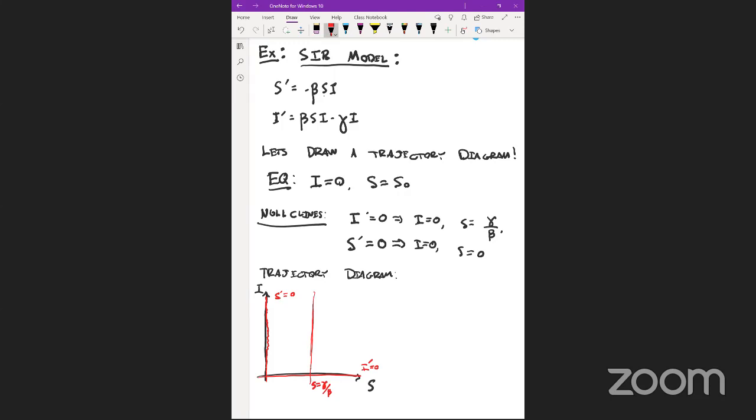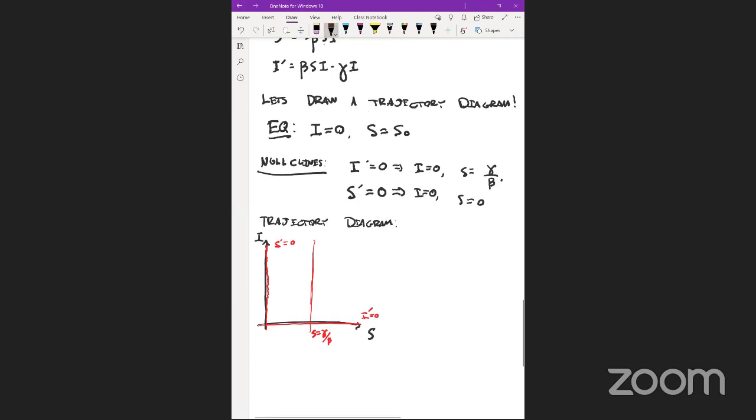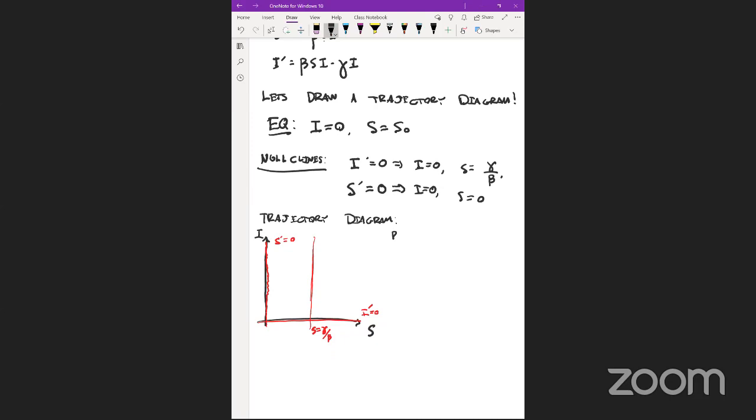And so let's draw the trajectory diagram out really fast. We've got two regions. Again, we're going to look at the regions between the null clines. One region is going to be when S is less than gamma over beta.